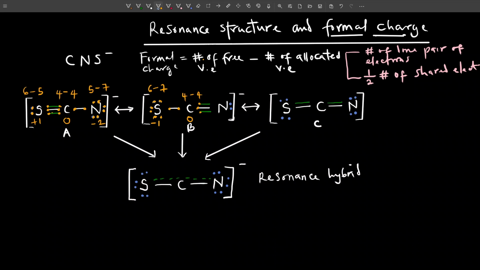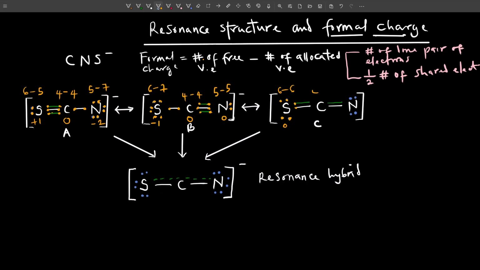For nitrogen, there are 5 valence electrons minus, let's count those around nitrogen here. We have 1, 2, 3, 4, and 5. So 5 minus 5 will give me 0. For this one over here, again we have 6 minus, let's count 1, 2, 3, 4, 5, 6. That will give me 0 for our charge.